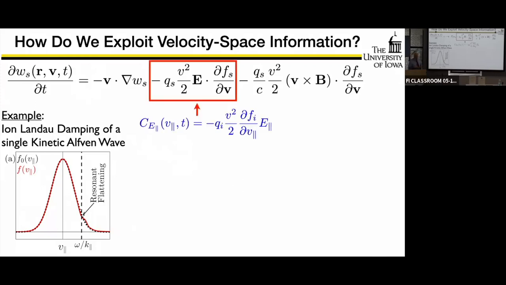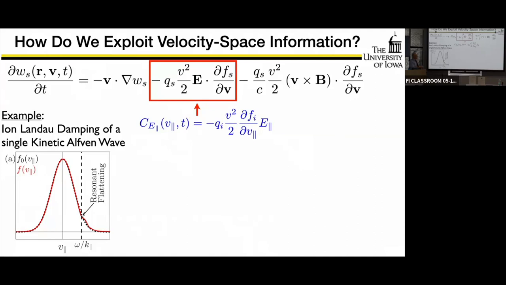So what do we do here? Well, what I want to do is evaluate this term. So I define what I call the field particle correlation, because I've got the particles in the distribution function, the fields here. I'm going to focus on the parallel component because that's what mediates the Landau damping. So it's a parallel contribution to this dot product here. So I've got this term.